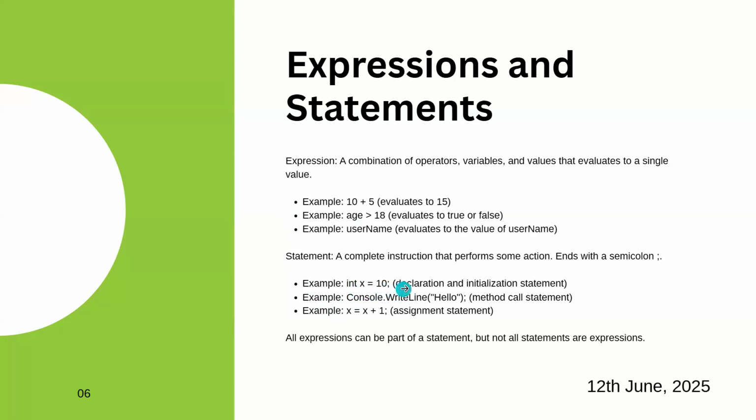That is a normal statement, and at the end of every statement you must put a semicolon. Then Console.WriteLine hello is a statement, and x equal to x plus 1 is a statement too.